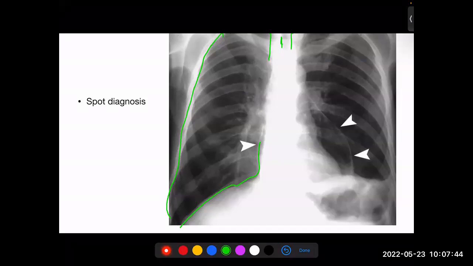There is that, and then there is that. The heart is up here. But then there is this rim of fluid around it, hypointensity. So what is this? Pericardial effusion. I agree with you.